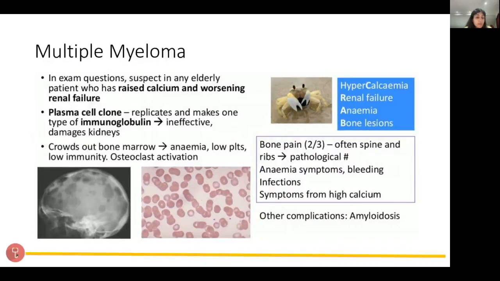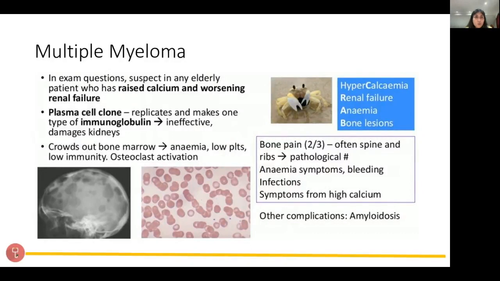And then in the image in the bottom left-hand corner, some people call it a pepper pot skull. There's several different ways of describing it, but essentially that's bone infiltration of the myeloma plasma clones across this patient's skull.